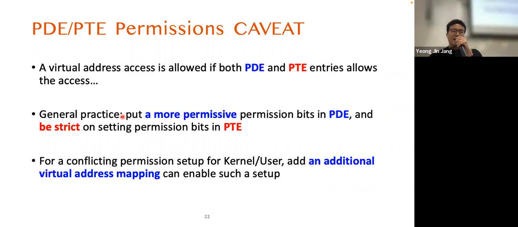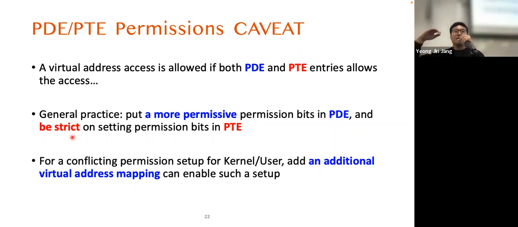So the general practice is to have a more open permission for the page directory entry, but a more strict permission in the page table entry. If there's no reason to restrict the permission for a memory region, then setting the page permissions at the table entry is the well-known practice.